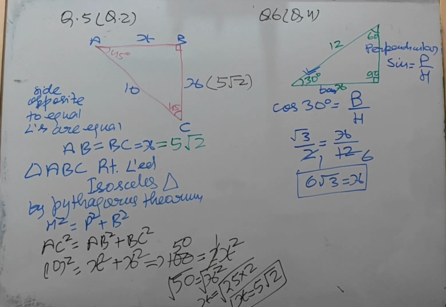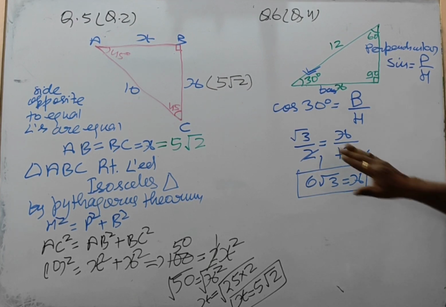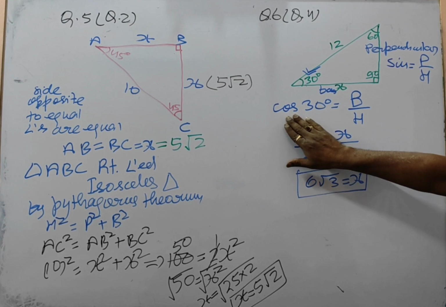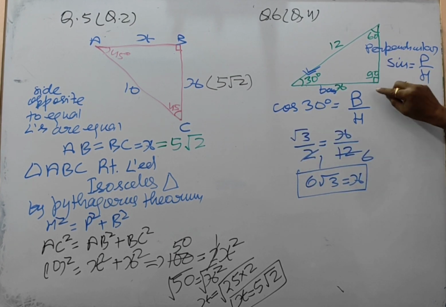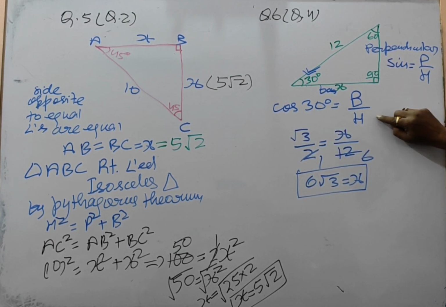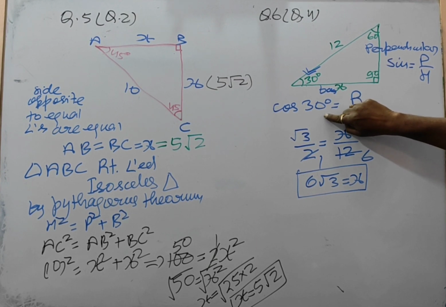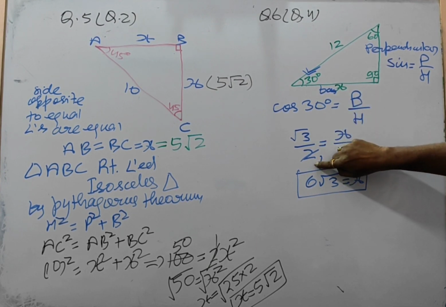Cos 30 is equal to base upon hypotenuse, and the standard value of cos 30 is root 3 by 2.